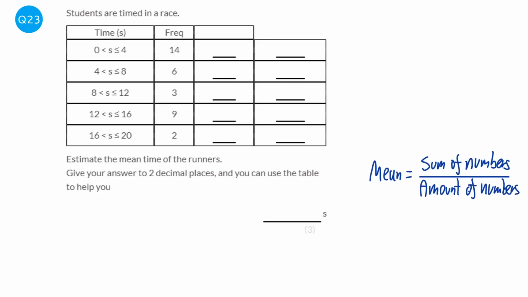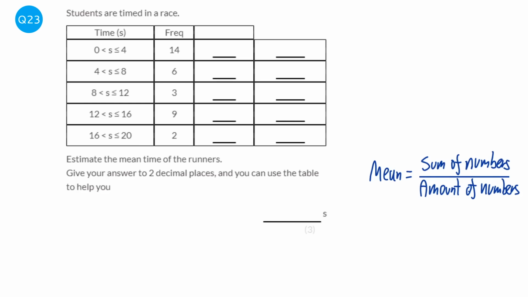Now, what this table is telling us is there are 14 students who got a time between 0 and 4 seconds. Now, it's absolutely impossible to work out what time those students got with the information in this table. So what we need to do is assume they all got, say, 0 seconds or all got 4 seconds.